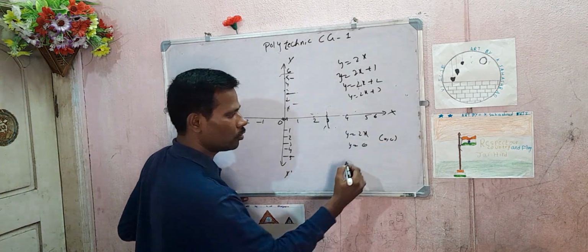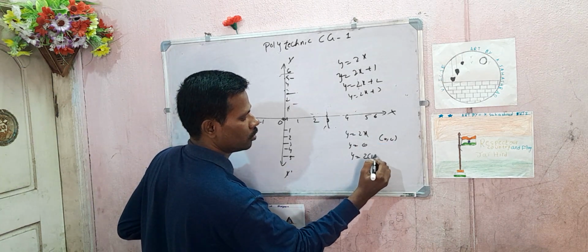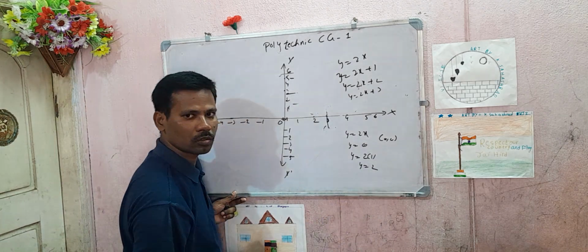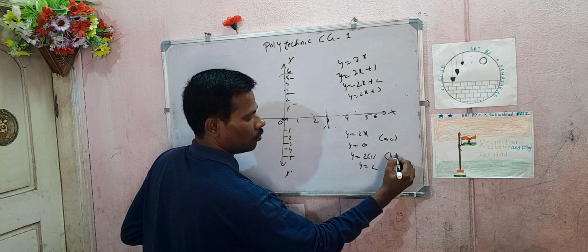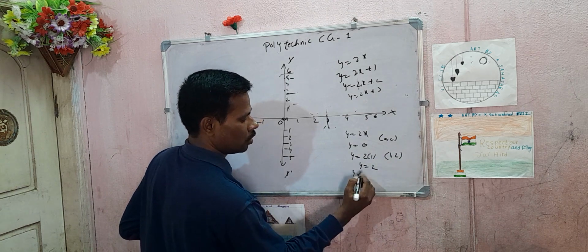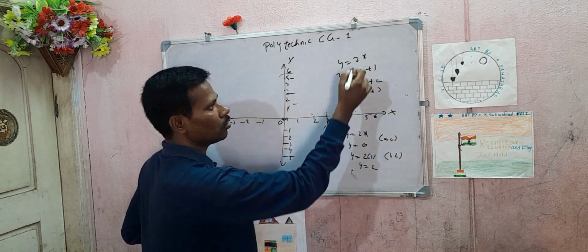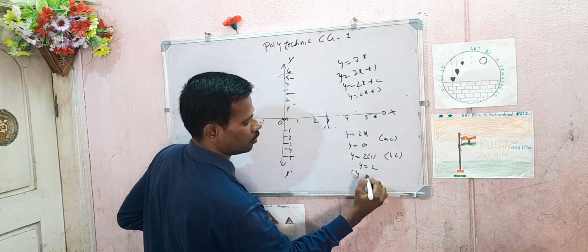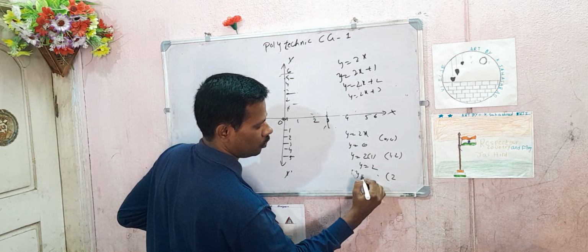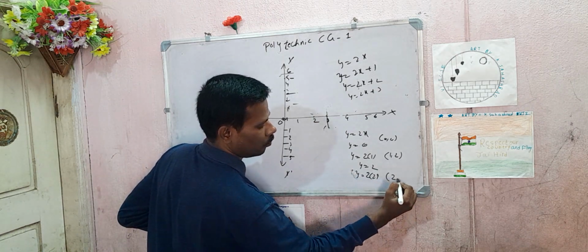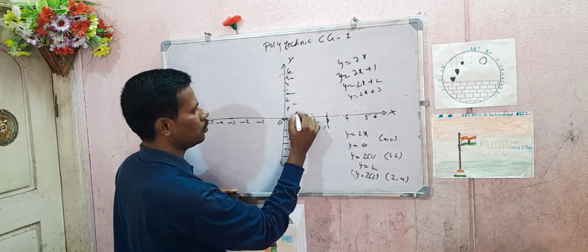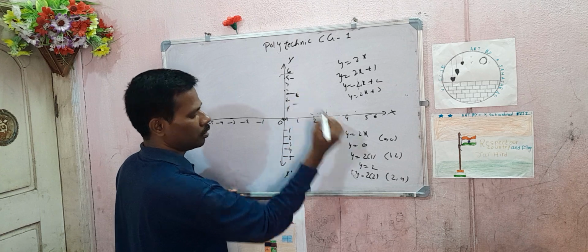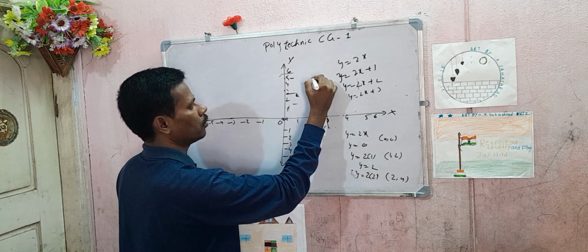X is equal to 1 you take, so y is equal to 2. So here x is 1, y is 2. Next, x is equal to 2 you take, then what is the y value? 4. Mark these points, 0 comma 0, 1 comma 2, next 2 comma 4.